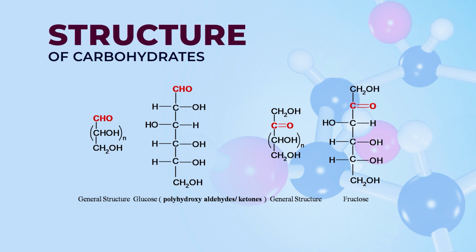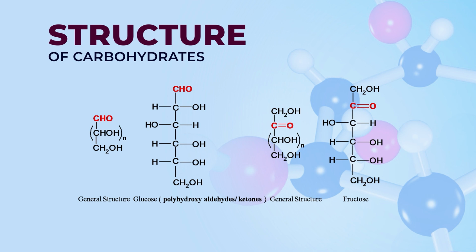So, we have a general structure, we have glucose, then we have a ketone structure, and we have fructose. You can see the aldehyde group in the first, and in the second a ketone group. So, this is how we show the polyhydroxyaldehyde, a general structure, one with the aldehyde and one with the ketone, with the examples of glucose and fructose shown in this slide.